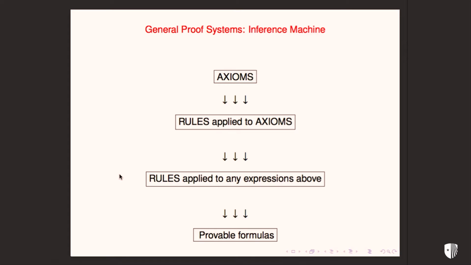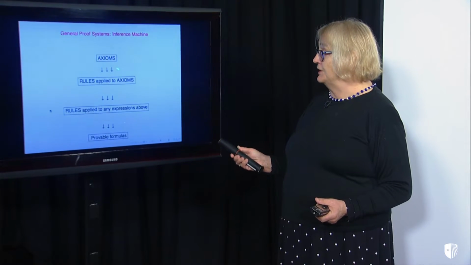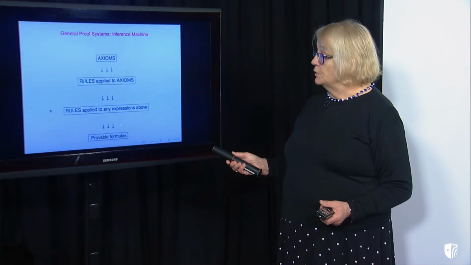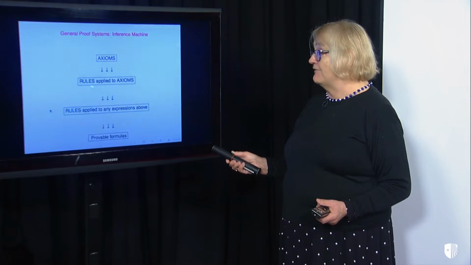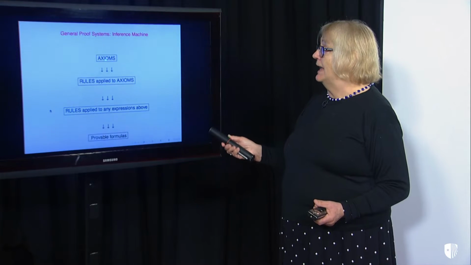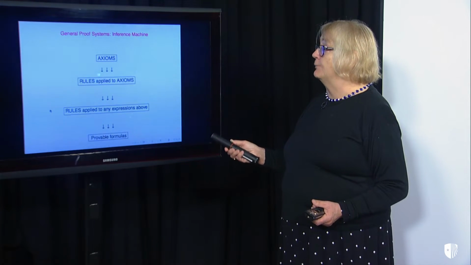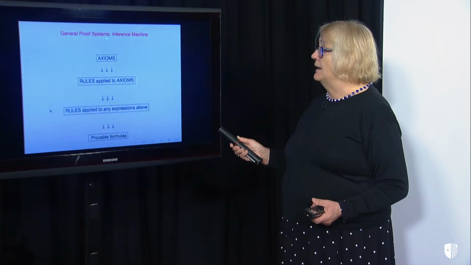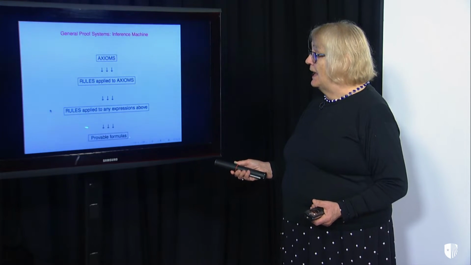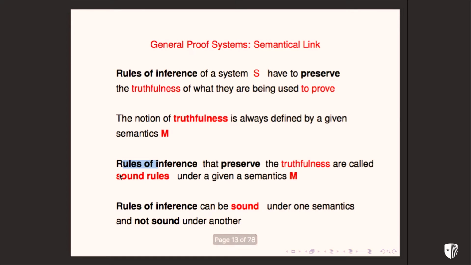We always start with axioms, and now the inference machine applies the rules. So we define what the axioms are, we define what the rules are and how we apply them. The whole process is called a formal proof in a formal proof system. And provable formulas are the theorems of the proof system.